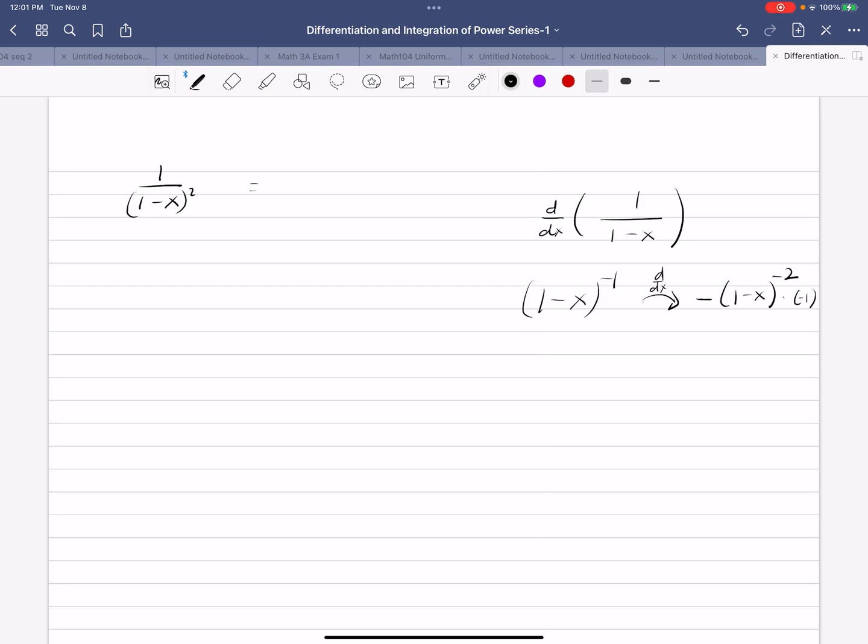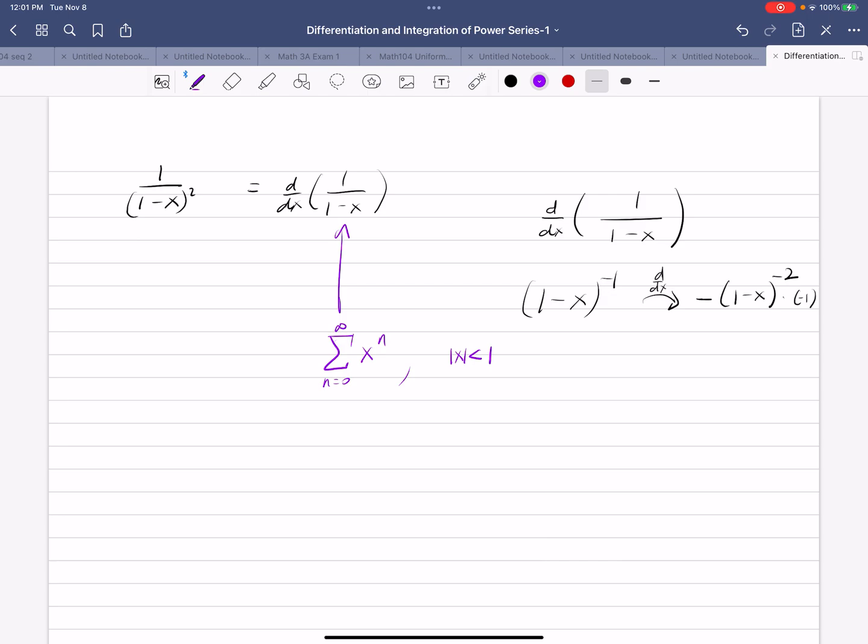I'm doing the chain rule here. So this is the derivative of 1 over 1 minus x. The power series for 1 over 1 minus x is the sum of x to the n, and this is valid when the absolute value of x is less than 1.